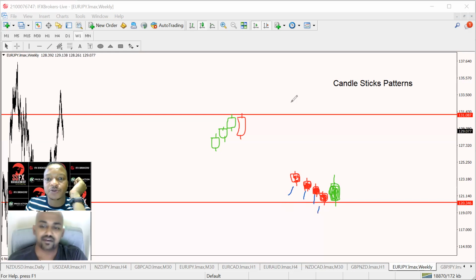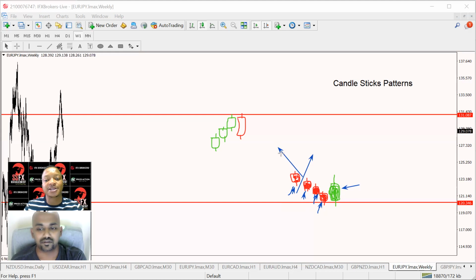For it to be a very strong signal, this body should be bigger than three or more. The more this body is bigger than the previous candlesticks, the stronger this candlestick is.